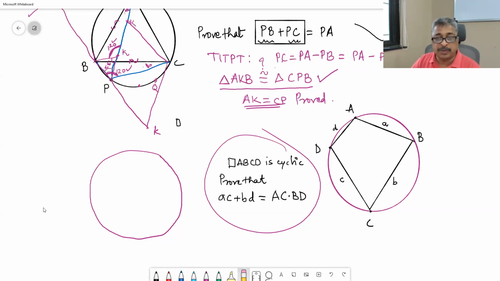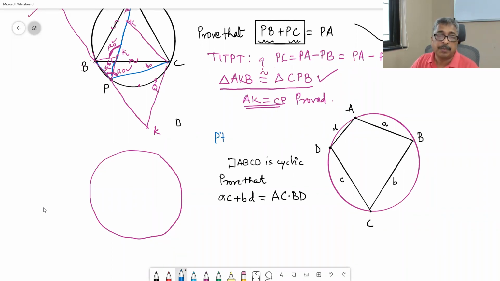Let me erase first. The name of this theorem is Ptolemy's theorem, P silent.